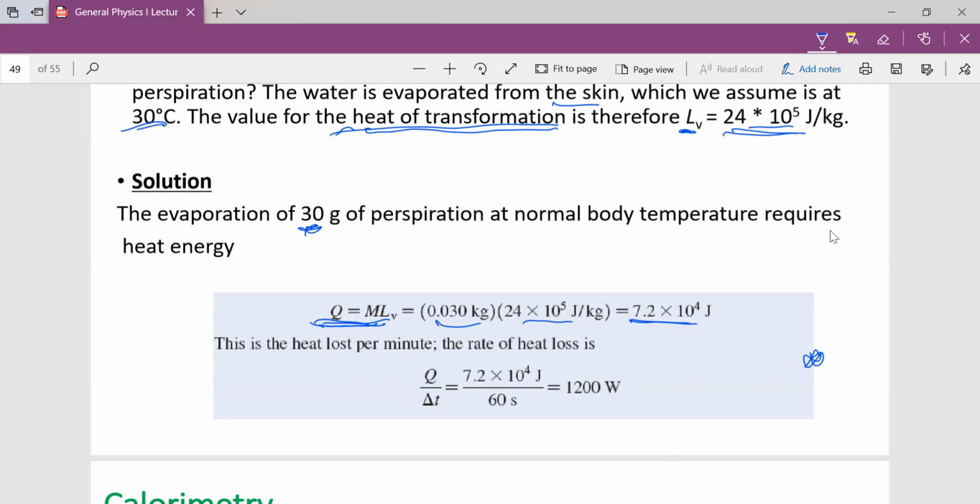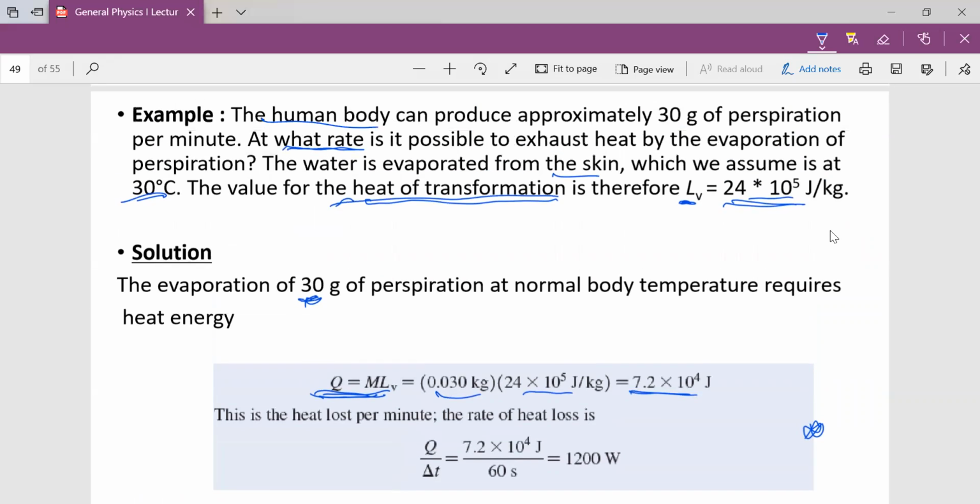So this is the heat of vaporization, or the energy heat that brings about the perspiration as specified by the human body.